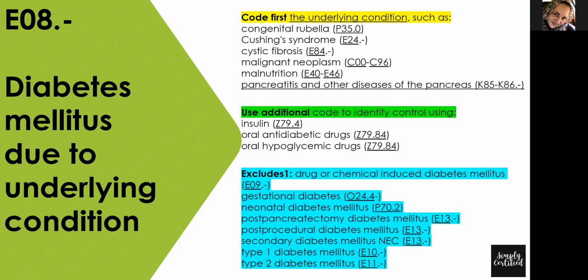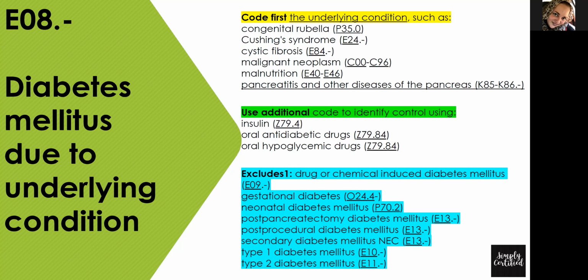But diabetes can also be caused by Cushing's syndrome, which is another endocrine disorder. So you would code that first. And of course, you would go to that code and follow any instructions that might be under it. Cystic fibrosis is another common cause of diabetes, and so is cancer. And malnutrition can cause diabetes.